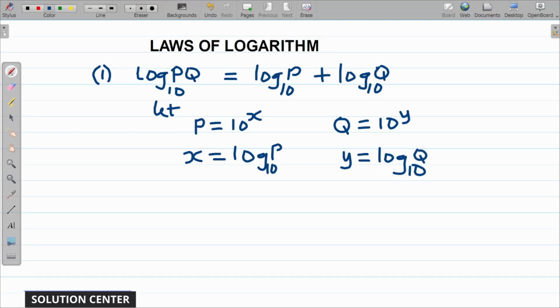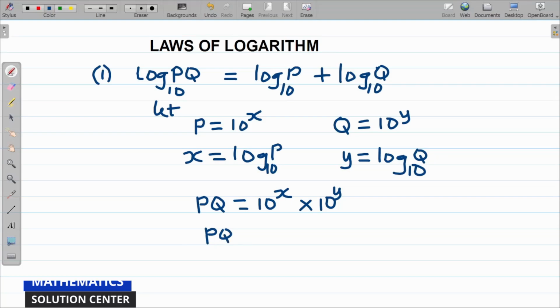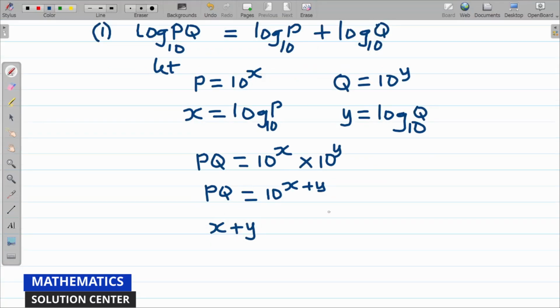Now let's find the product of p and q. Therefore, pq is equal to 10 raised to the power x. Don't forget that p is 10 raised to the power x, as written above, then times q, which is 10 raised to the power y. Therefore, pq is equal to 10 raised to the power x plus y. So we are applying the laws of indices here. That means x plus y is equal to log pq base 10.